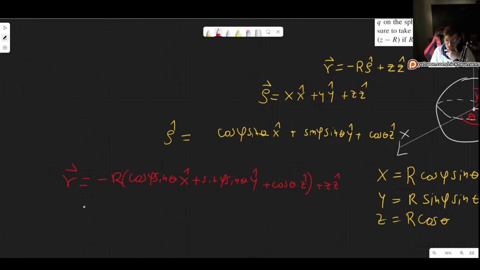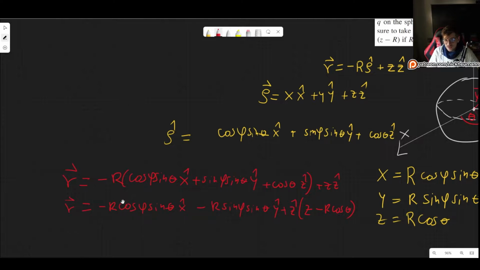So now let's basically group everything in the coordinates. We get minus r cosine phi sine theta in the x hat direction, minus r sine of phi sine of theta in the y hat direction, and in the z hat direction we have z minus r cosine of theta.